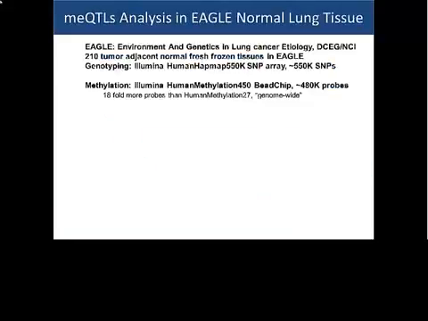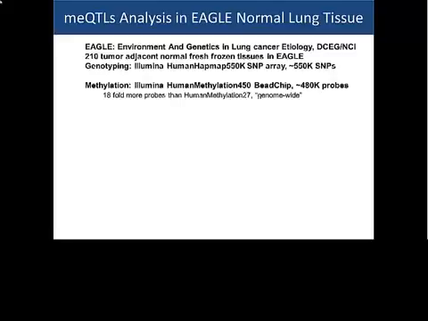For this study, we have used 210 tumor adjacent normal fresh frozen tissues in the EAGLE study led by Dr. Landy and Caporaso. First of all, we performed a principal component analysis to confirm that these normal samples are separate from the tumor samples.